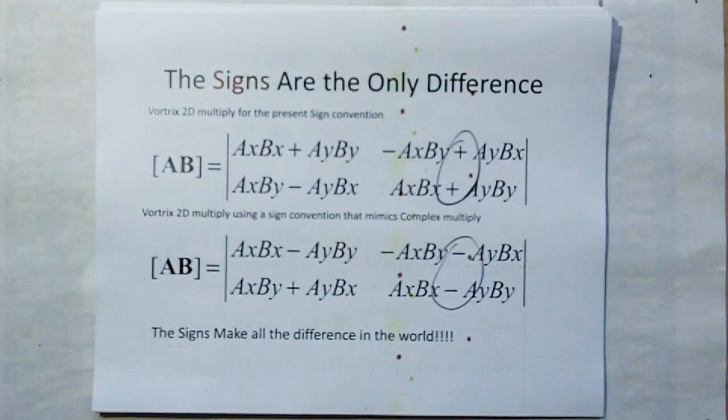And so here's where we show that any possible solution is available to Vortrix algebra just by changing the signs. And the signs make all the difference in the world.